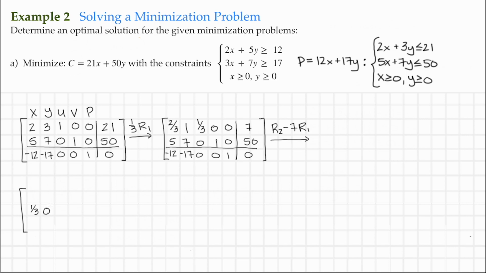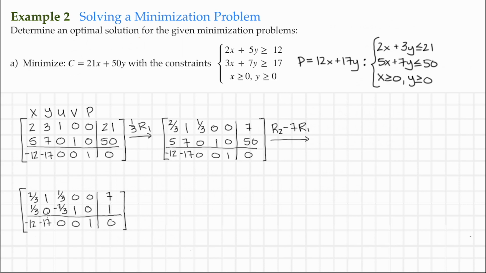Of course, that's the whole idea. 1/3 times 7, that's 7/3. 0 minus 7/3, that's negative 7/3. 0, 0, bring down the 1. 0, 0, and 0. Put in our vertical line. 7 times 7 is 49, and 50 minus 49 is 1. Close off the matrix and copy over the rest. Put in our horizontal line.